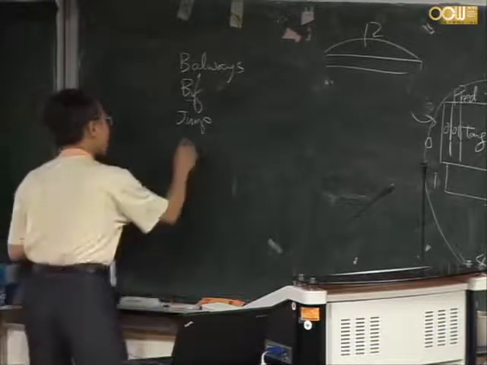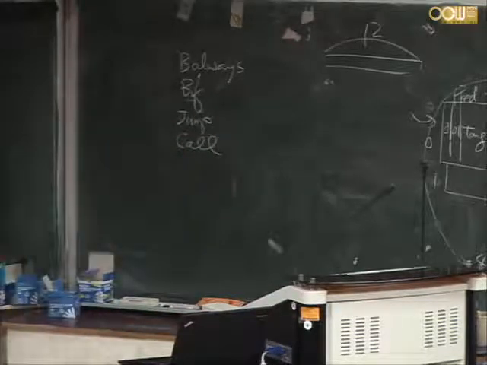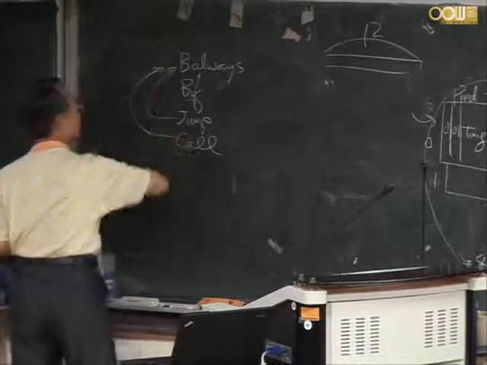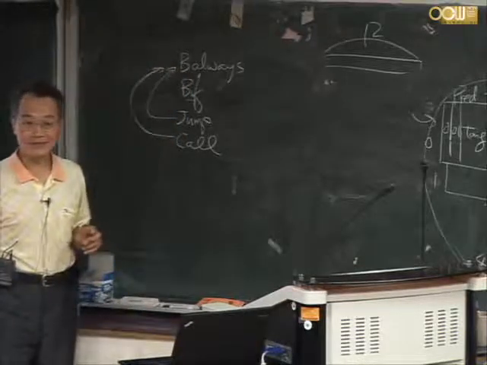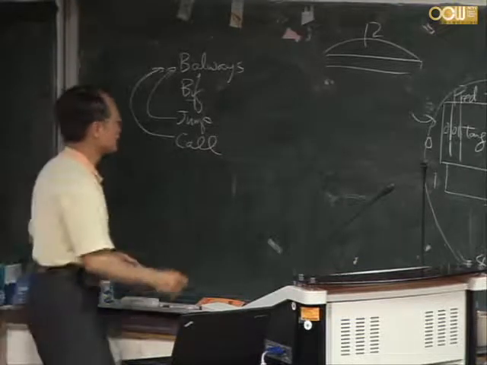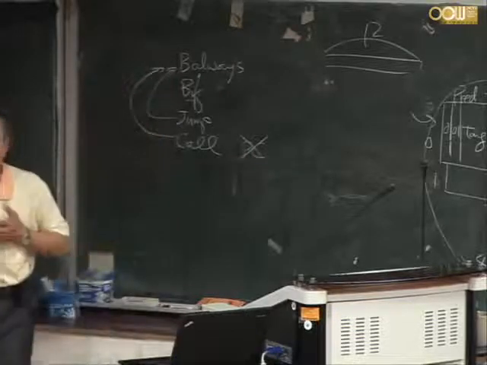And then call. Call is also a kind of branch, again a type of branch always. But this call does not have to do with the PC value. It has a fixed destination.